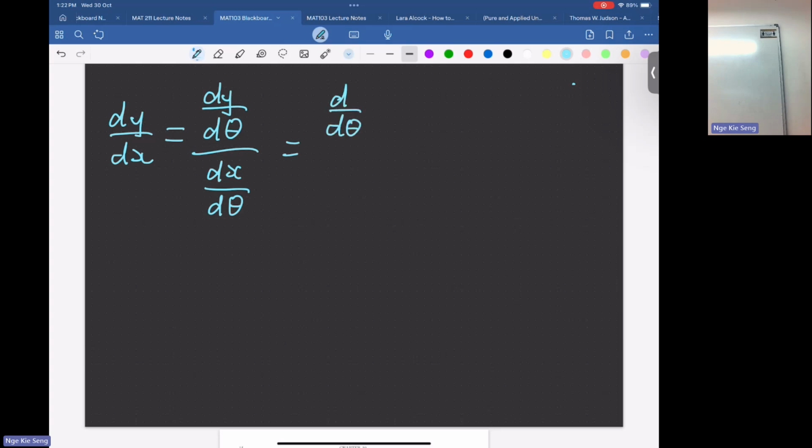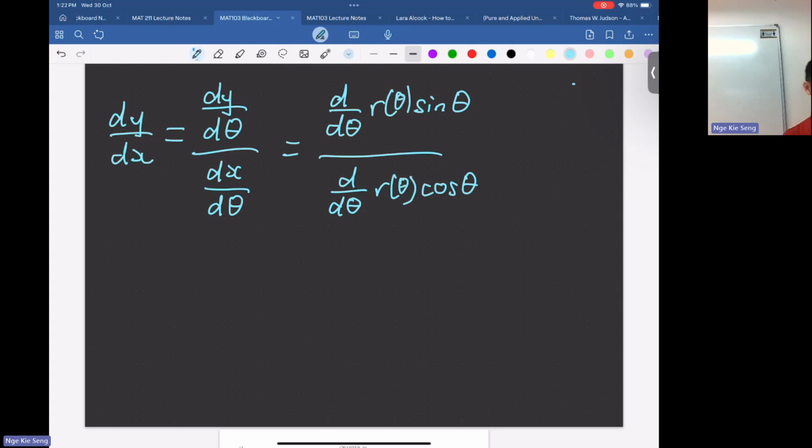Differentiate y with respect to theta. How to write y with respect to theta? We have r sine theta here, over the derivative of x with respect to theta. To do this, we know that r depends on theta, so you need to do the chain rule, no, sorry, the product rule.